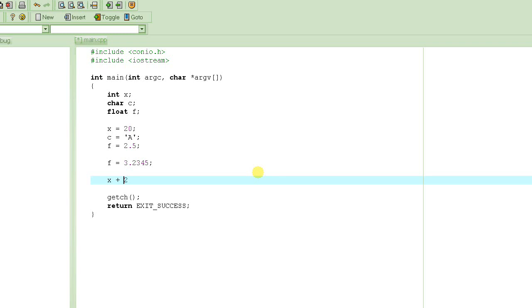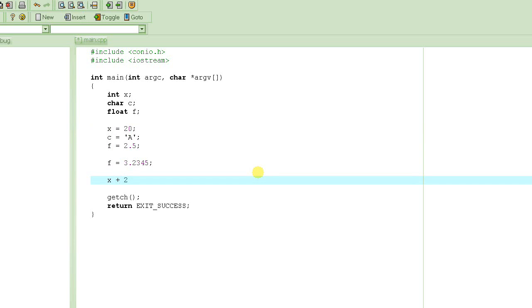In mathematics, this is called an expression, right? If you learned algebra, you know what I am talking about. So x plus 2 is an expression. So it's basically 20 plus 2. The result of this expression, because the value of x is 20 here, the result of x plus 2 is actually 22.